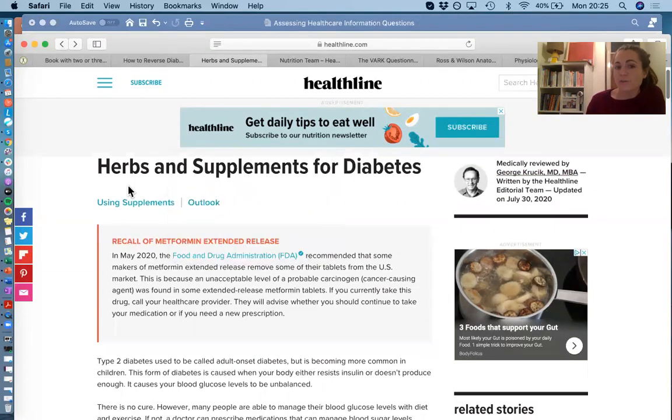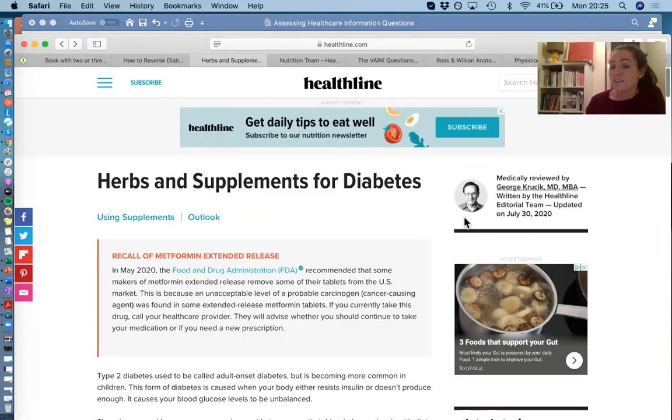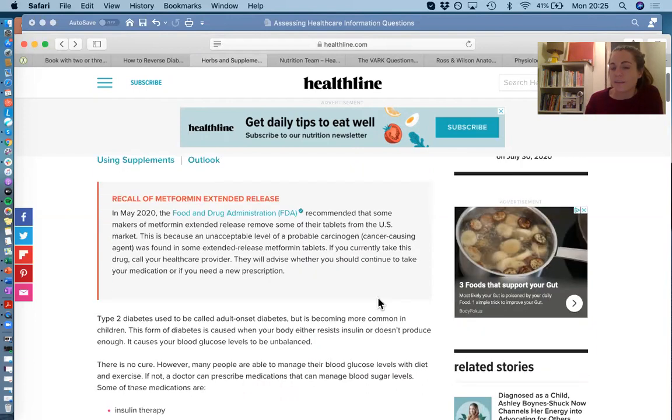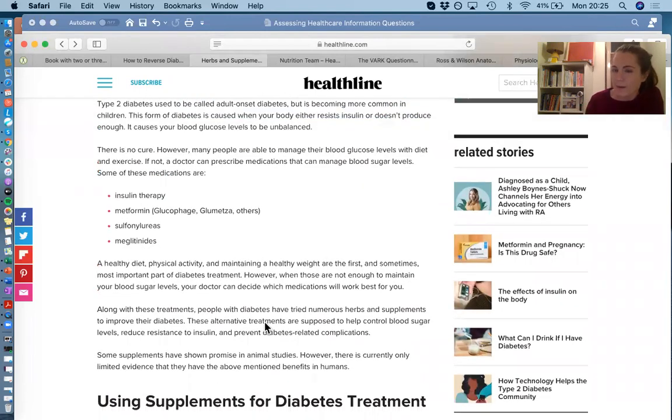Because the article's focus is on herbs and supplements for diabetes. This man's a doctor, and many doctors will say, we have no nutrition training really. Some of them have very good research skills, but some doctors don't. So just because someone's a doctor doesn't necessarily mean they are qualified to critically appraise a piece of information.